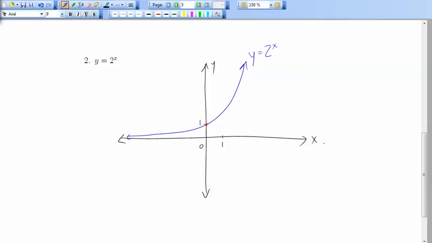And if we think of the domain of the blue graph is all real numbers, that means the range of our inverse function will be all real numbers. Okay. Also, we notice we've got a horizontal asymptote on the x-axis. That means the y-axis will be a vertical asymptote for our inverse graph.